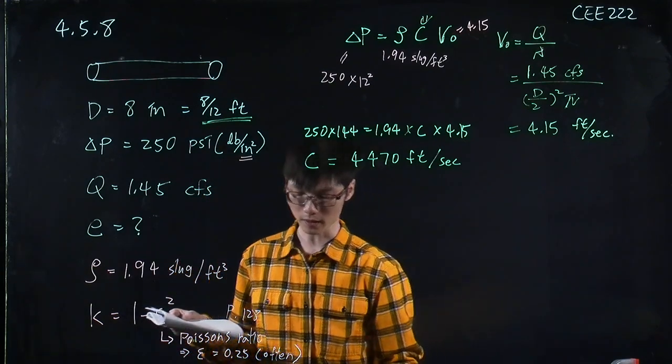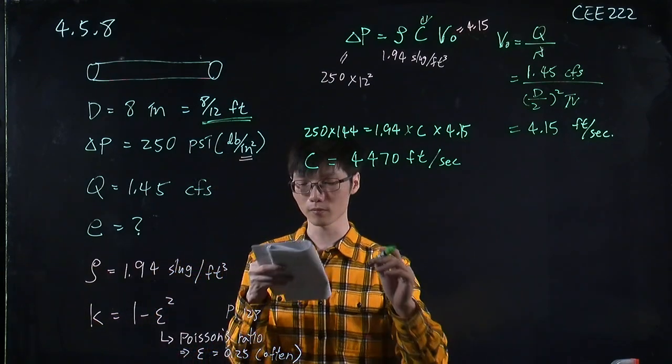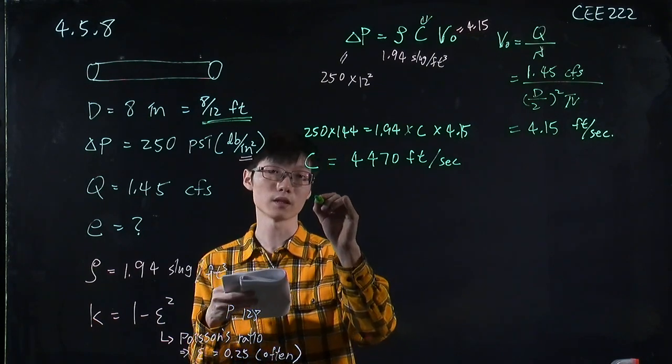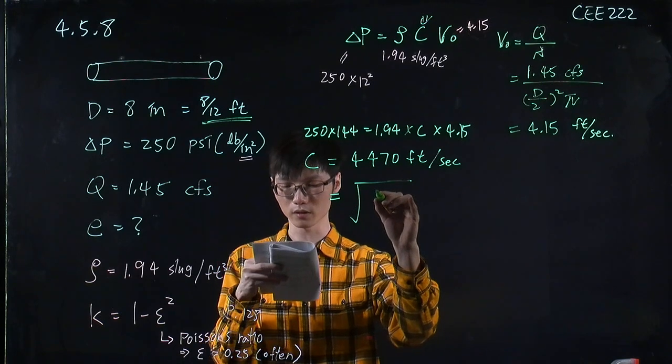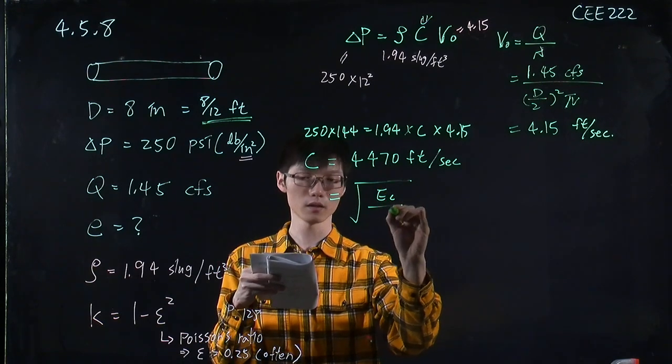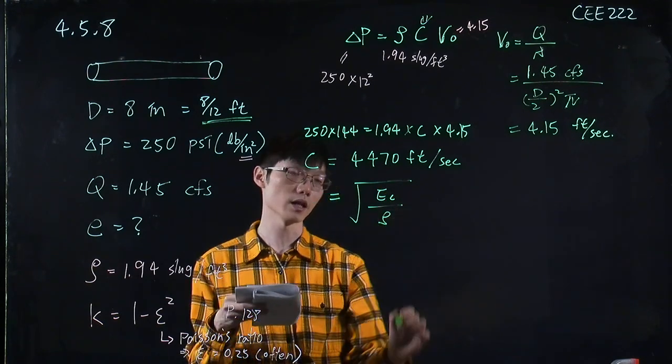And then we can plug into our second equation, which we know that C is also equal to the square root of EC divided by the density.